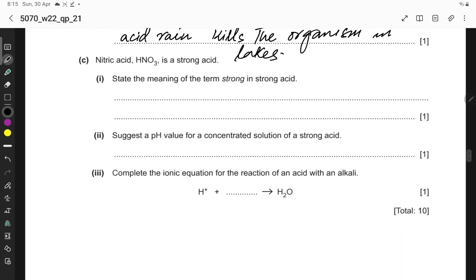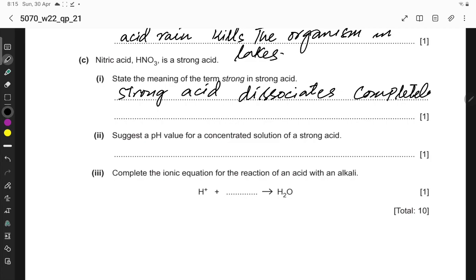Nitric acid is a strong acid. State the meaning of the term strong acid. A strong acid dissociates completely in aqueous solution.